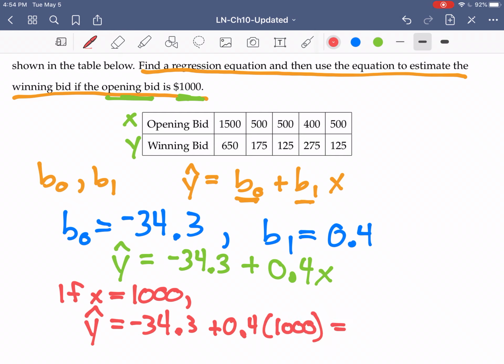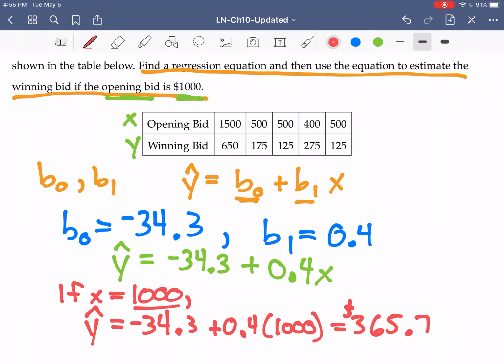When we go through that, we get $365.70. So 365.7 is the predicted winning bid if the suggested opening bid is $1,000.